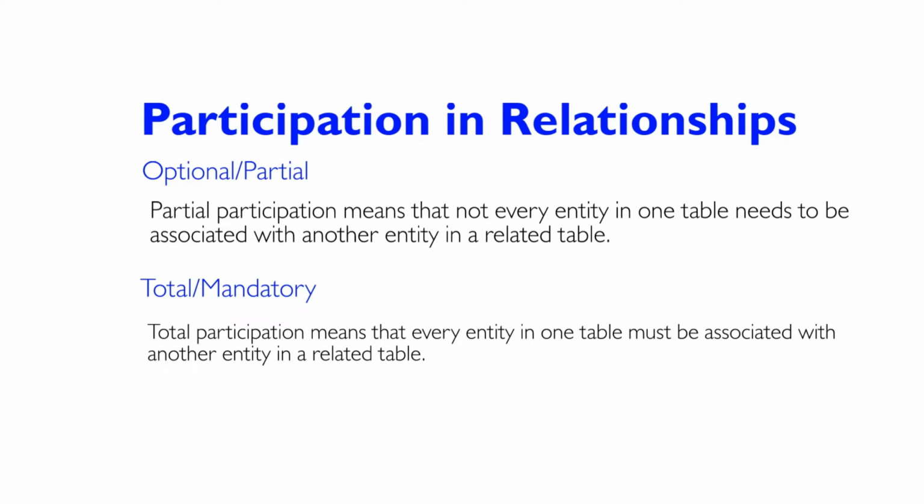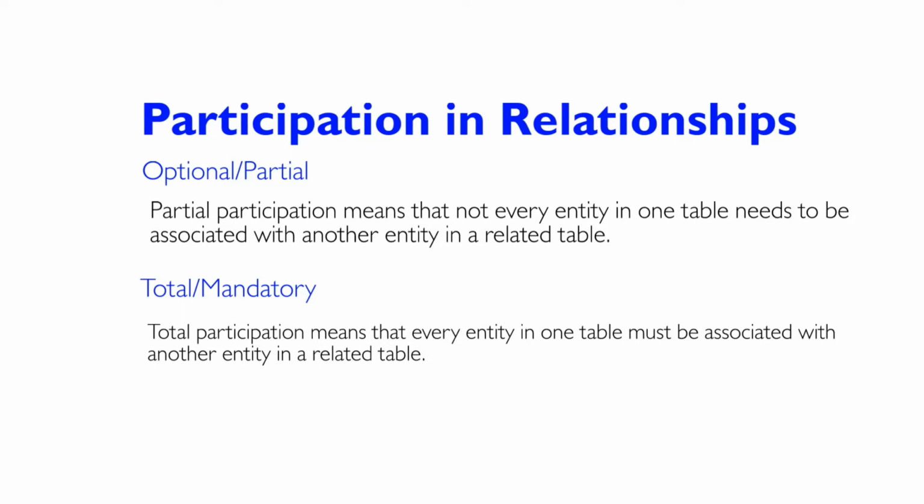So, in a scenario where you have an order table and a customer table, some orders can exist without being linked to any specific customer. For example, you could have online anonymous orders or guest orders. Then the participation of the orders in the customer table is optional or partial. So basically, some orders may not have a corresponding customer.